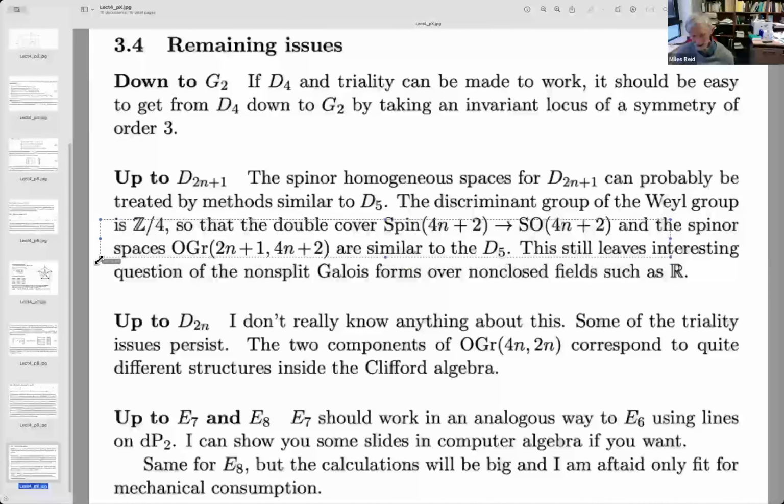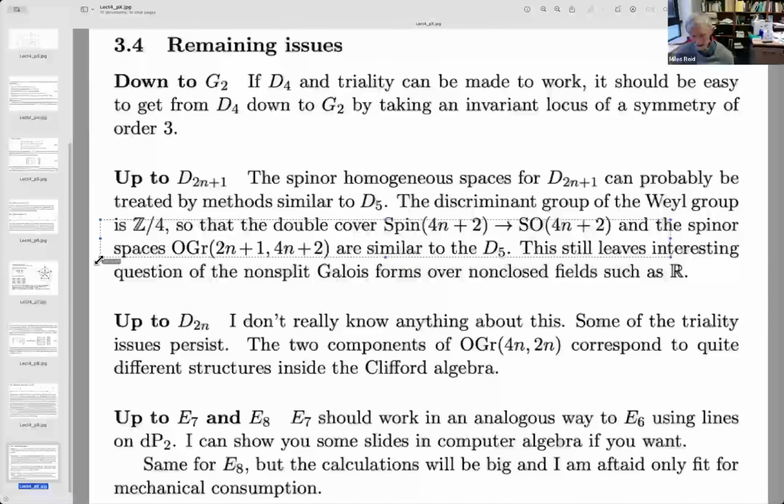So for D2n, my problem with triality is that the 2 components of the Clifford algebra have to be treated in different ways. You can't think of these as just a simple-minded linear change of coordinates in the variable.